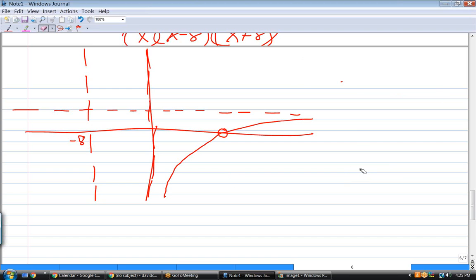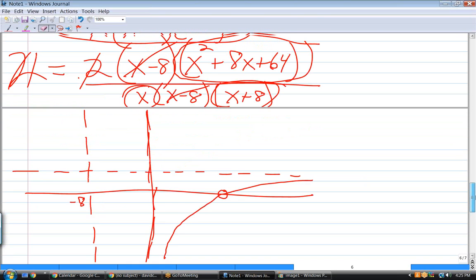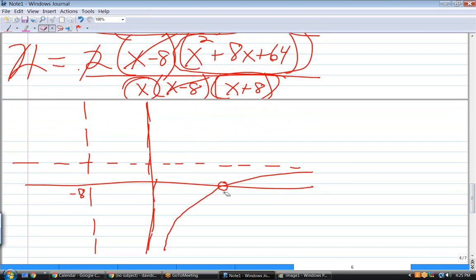I think she has us go on our calculator and type it in. Your calculator is never going to show that hole, incidentally, because it's infinitesimally small. In other words, it's not even a millimeter in size.